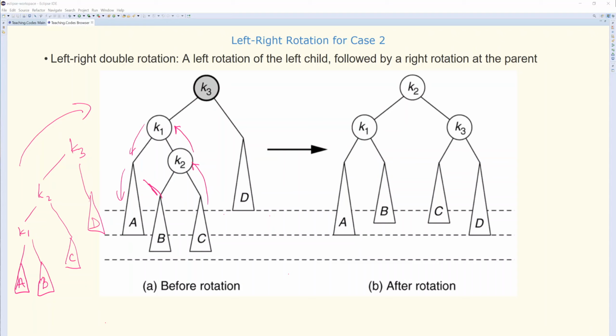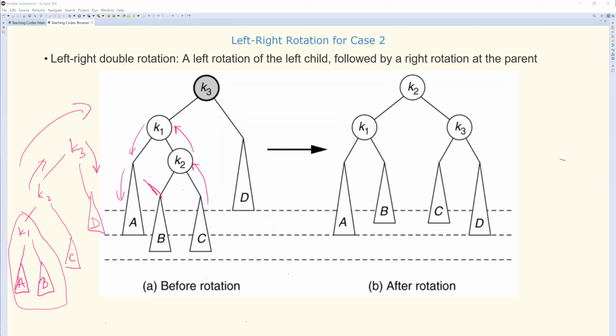So K3, pay attention, K3 goes down, K2 goes up, together with, now I can look at this thing as a single group, together with the tree rooted at K1, it will go up, and C will get adopted by the new node that comes here, which is K3, and that's what happened.